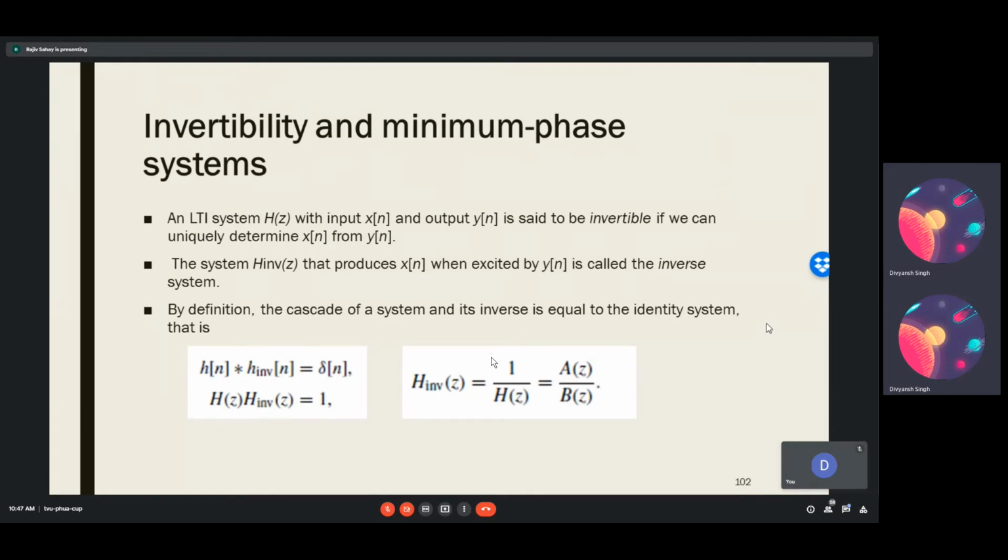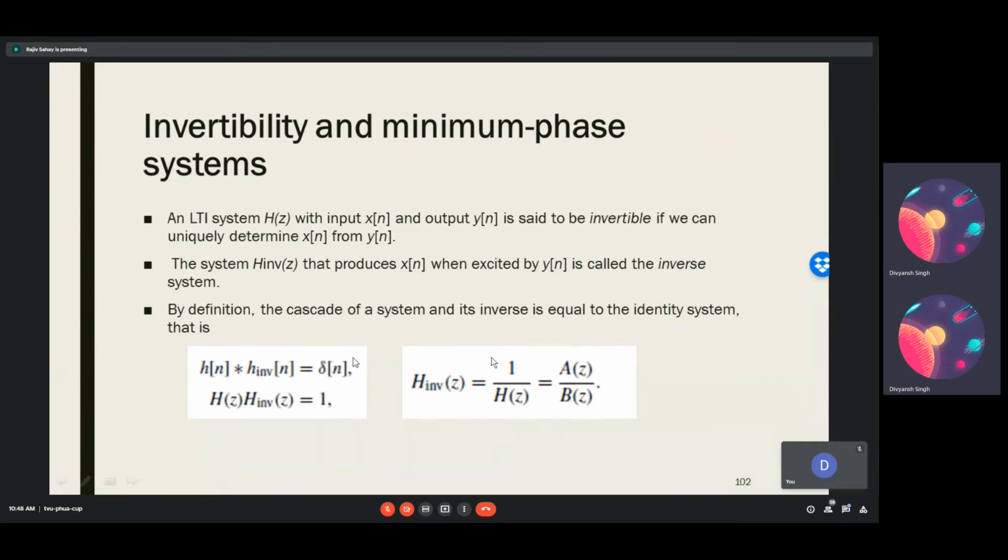Before I come to minimum phase systems, let us discuss a little bit about invertible systems. If you have a system H(z), whose input is x(n) and output is y(n), then the system H(z) can have an inverse system if you can determine x(n) from y(n). Suppose H(z) is given x(n) as input and produces y(n), then H inverse of z will take y(n) as input and produce x(n) as output. That is called the inverse system.